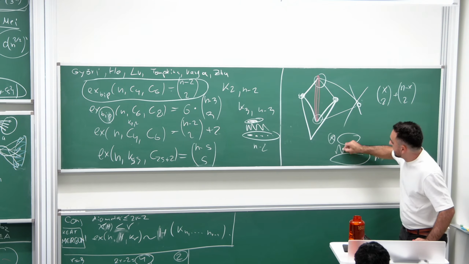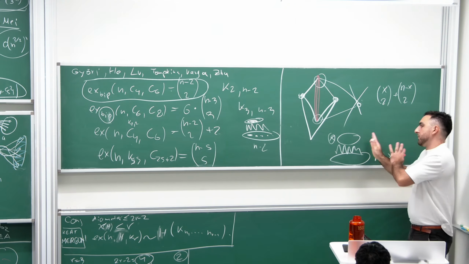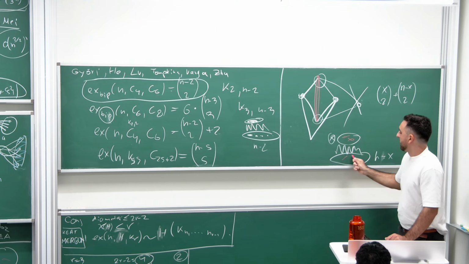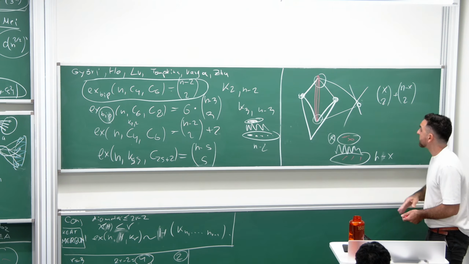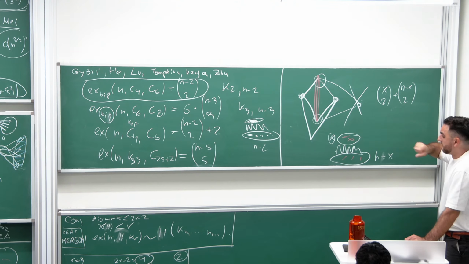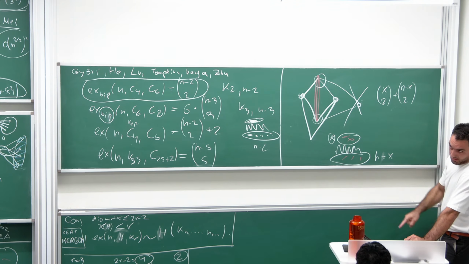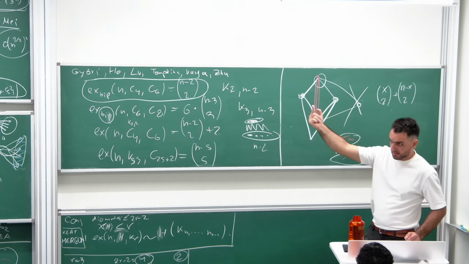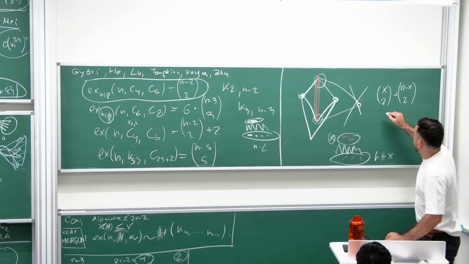I don't know what x is. This was some graph which was C6-free, and then we started adding red edges. We add here, there, there, there. So finally, this number is maximized when x is minimum. And x should be at least 2, because we want to have at least one C4. So this is maximum when x equals 2.